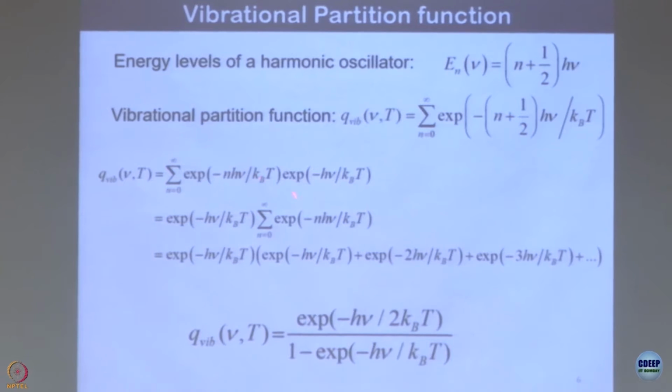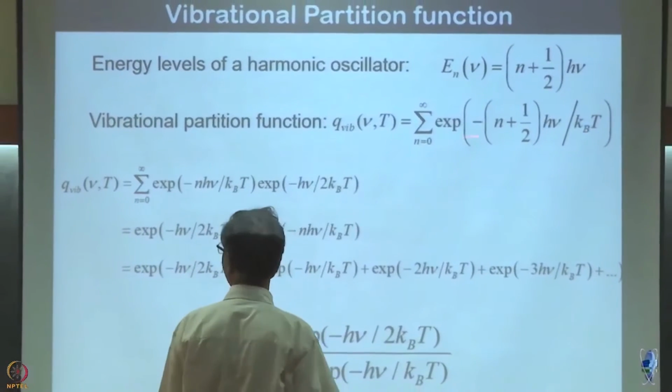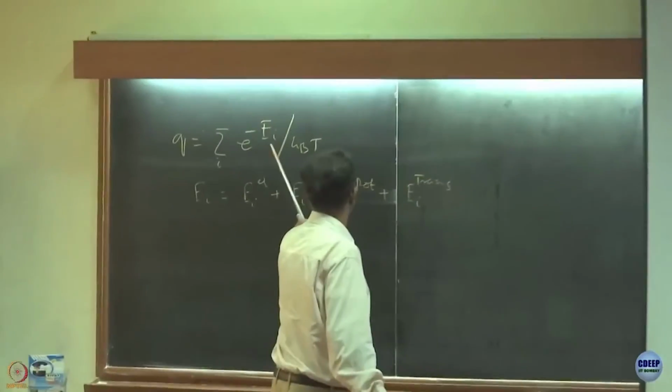Now, this sum can be done, and tell me what is this sum? This is the energy level, so I have to divide by kBt, like e_i by kBt, this is the thing that is here.